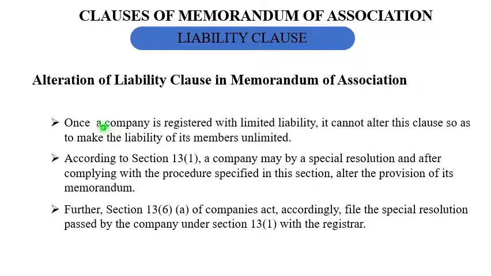Now alteration: once the company is registered with limited liability, it cannot alter its clause to unlimited liability. If the company wants to alter, it has to follow the whole procedure of Section 31, by passing the special resolution and after complying with that procedure specified in the section, alter the provision of the memorandum of association regarding the liability clause.